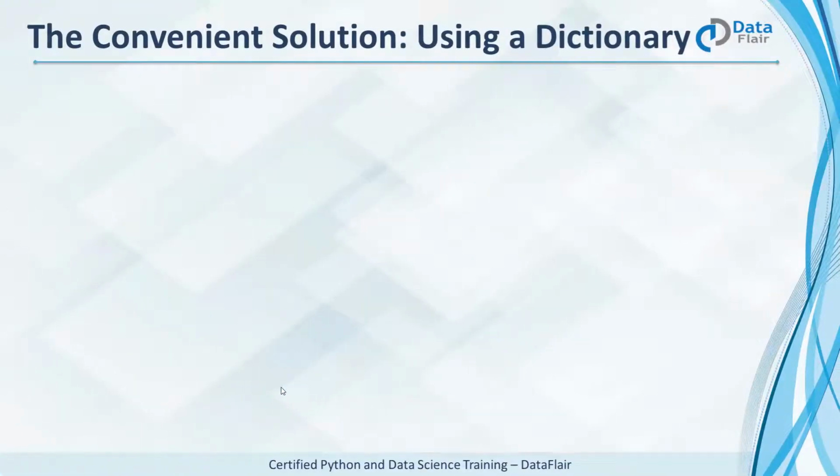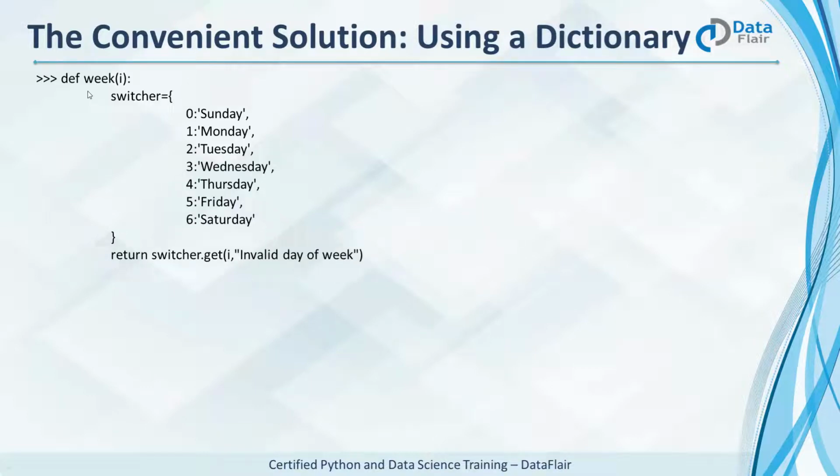We can build a dictionary to hold values for cases, which are the keys here. Define a function week on the variable i. It has a dictionary called switcher. This has day numbers as keys and day names as their values. This function returns a value for whatever integer key it is.